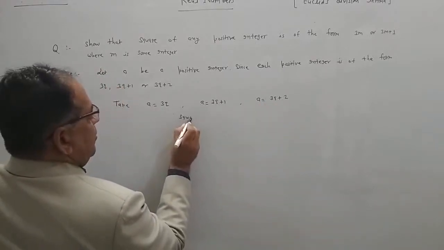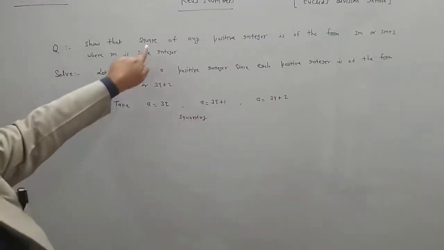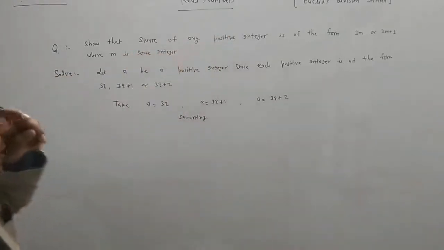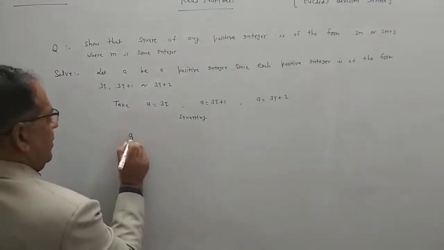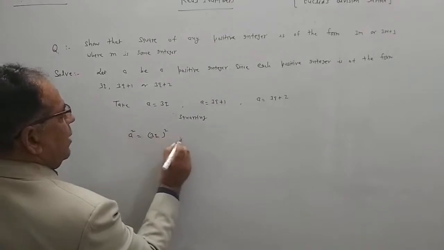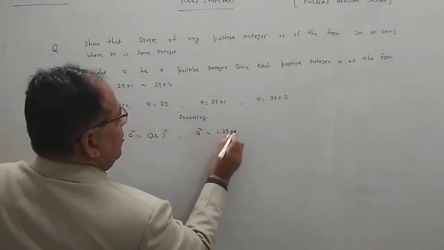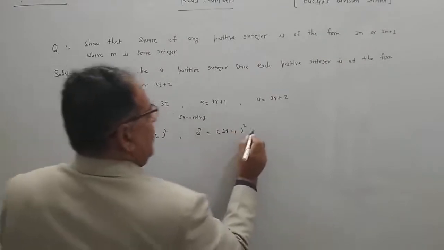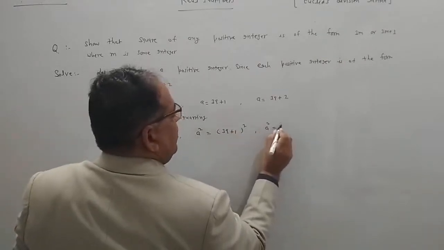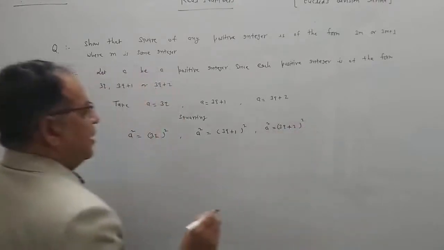Squaring, because we want to show the square of any positive integer. So a square equal to 3q whole square, a square equal to 3q plus 1 whole square, a square equal to 3q plus 2 whole square.